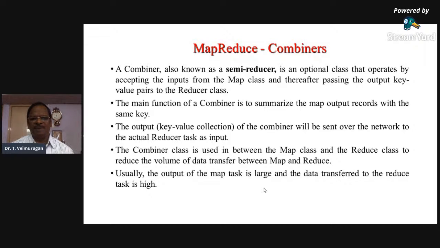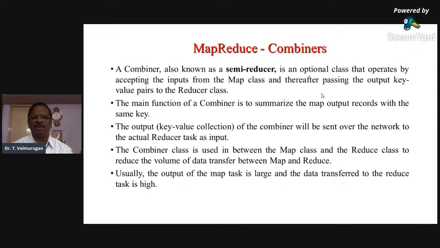How can we effectively utilize the combiner? After the partitioner, we can utilize the combiner to combine the information produced in smaller partitions. This is done by the MapReduce combiner, which is also called a semi-reducer, an optional class.